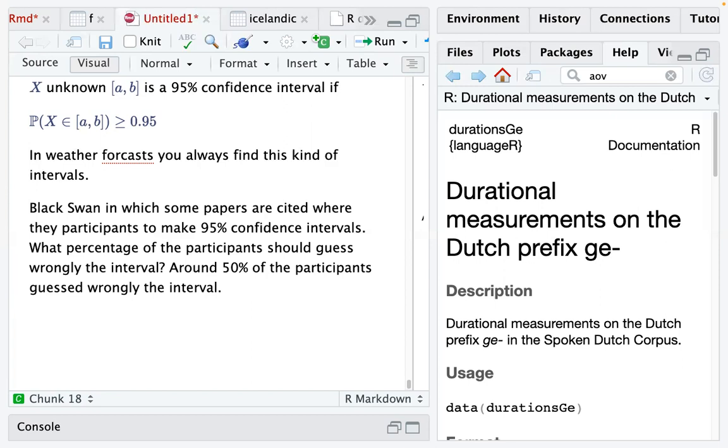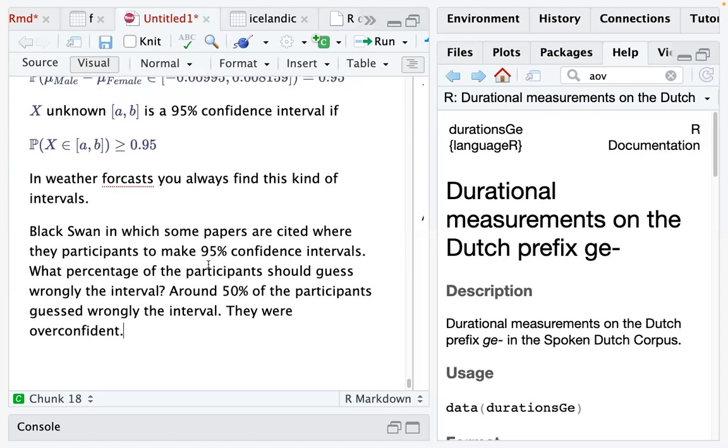So this means that they were overconfident. Usually this is what happens. This was just a note for these confidence intervals.